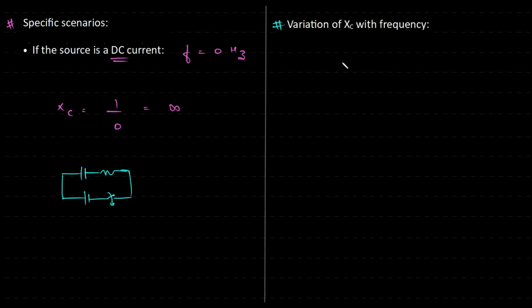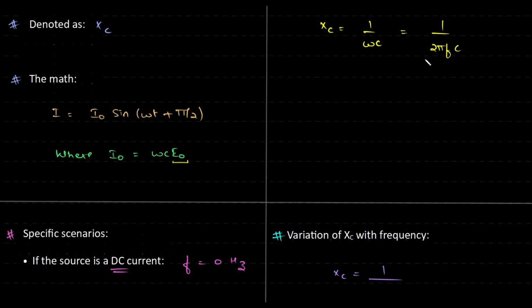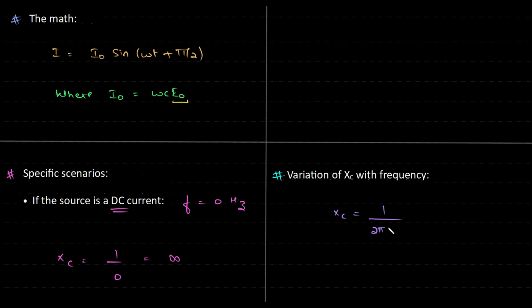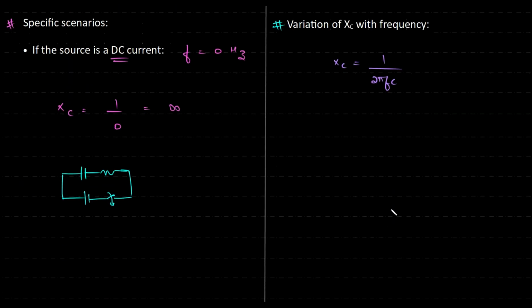Now, how does it vary with frequency? Let's go back to that expression. We have f in the denominator, 2 pi fC, so XC is inversely proportional to f. So basically, your graph will look something like this.